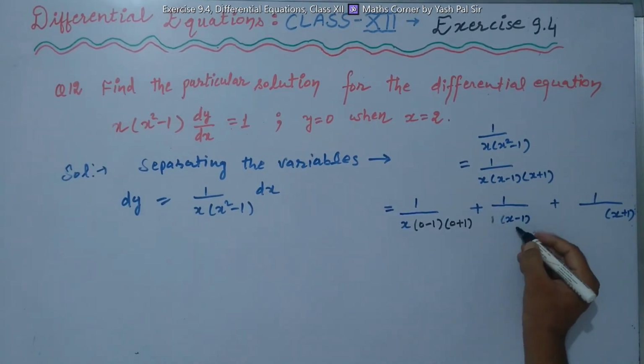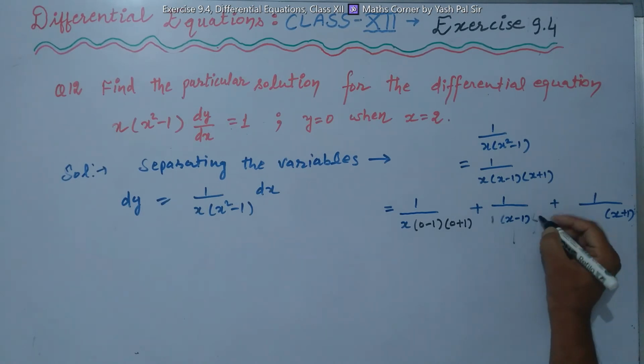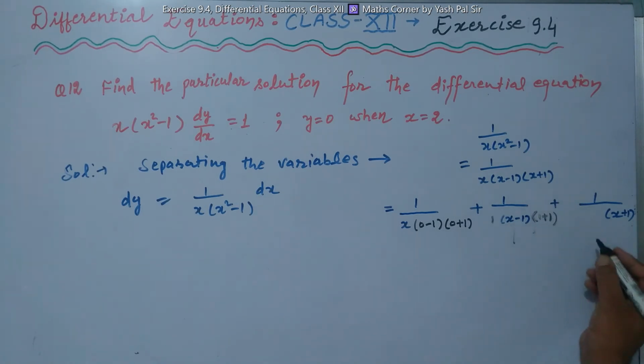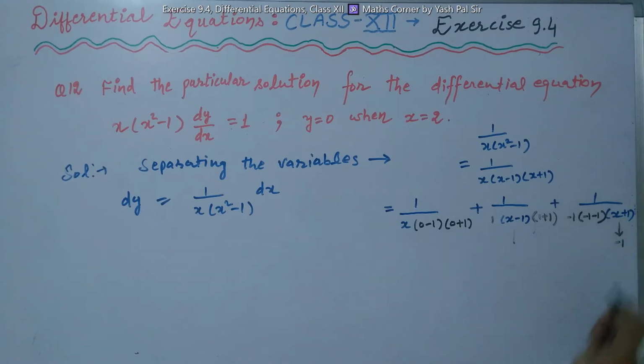In the second case, x equal to 1, so we put x equal to 1 in the remaining factors, this becomes 1 plus 1. The third time, put this equal to 0, we have the value of x equal to minus 1. So we put here minus 1 minus 1 into minus 1 minus 1.